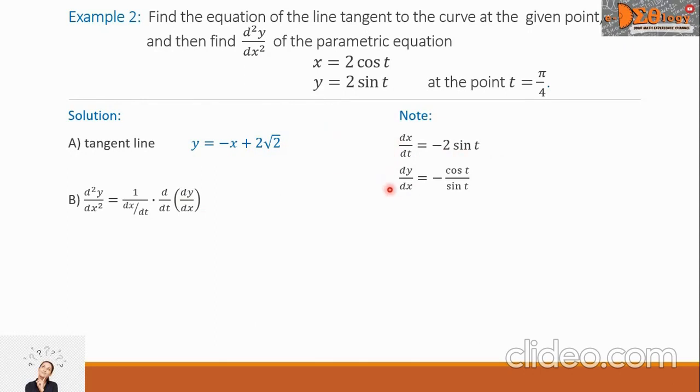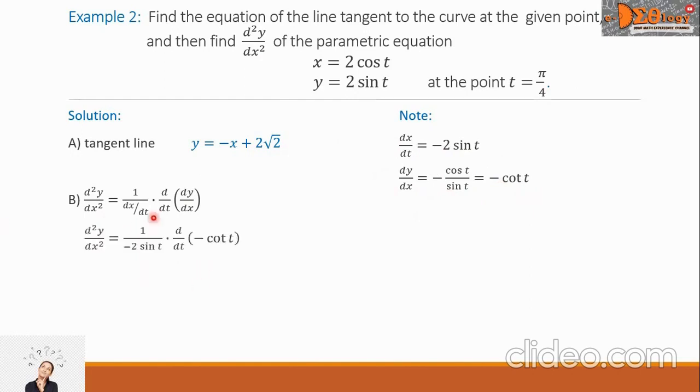Also, the dy over dx is equal to negative cosine t over sine t. But wait a minute. The cosine t over sine t can be further simplified into cotangent t, so dy over dx is negative cotangent t. Now, let us substitute these values in our second derivative formula.